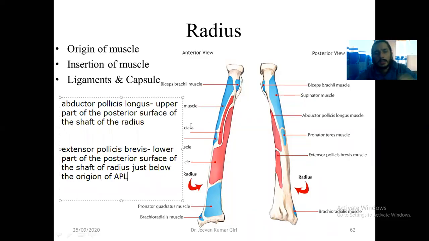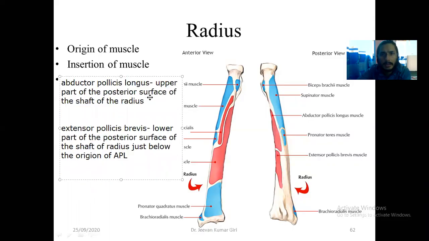So these two muscles have an origin from the posterior surface, one above and one below. These are the muscles that have an attachment on the radius.